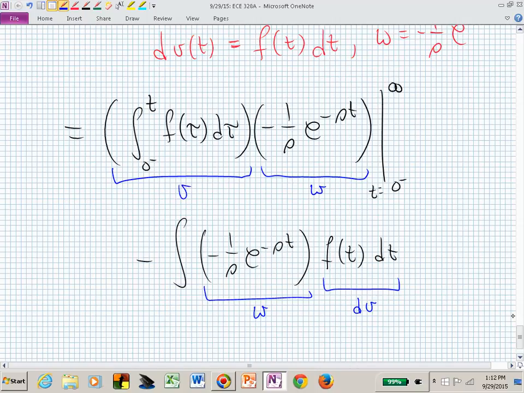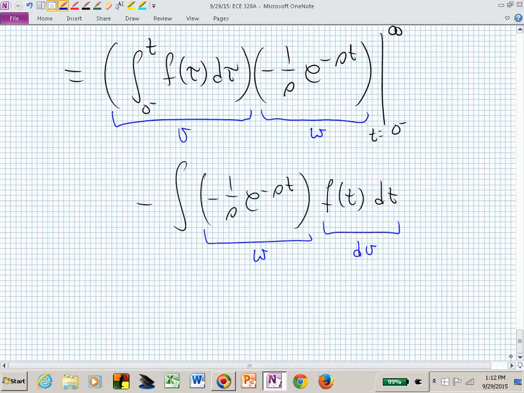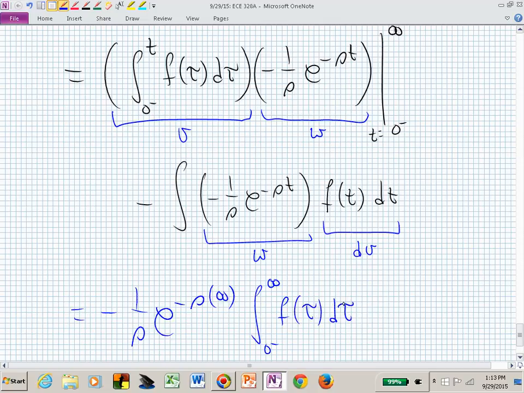Let's now evaluate that left-hand piece at both the upper and the lower limit. And what does that provide? We now have minus 1 over s, e to the minus s infinity, integral from 0 minus to infinity, f of tau d tau.